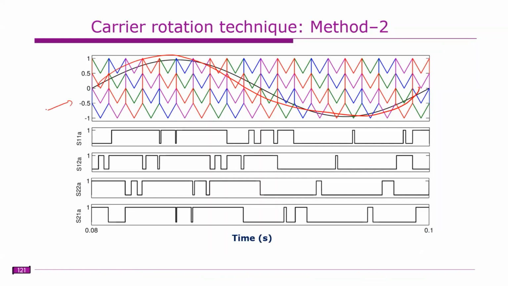Still, it looks like a level shifted PWM, but the carriers are rotated. Remember one thing: level shifted PWM is applicable for the diode clamped multi-level inverter, but when you incorporate these carrier rotation techniques, method 1 or method 2, they are no longer applicable to diode clamped multi-level inverters.